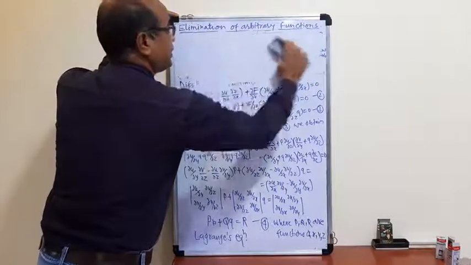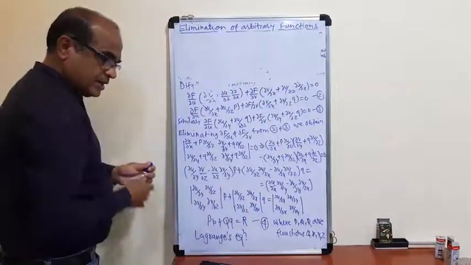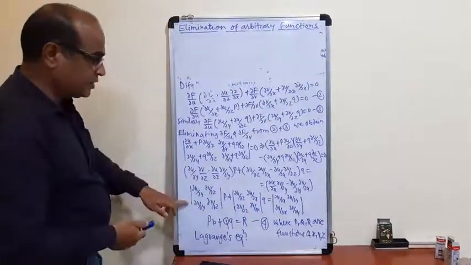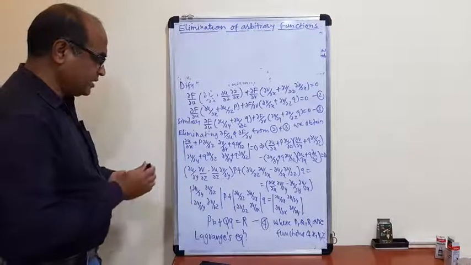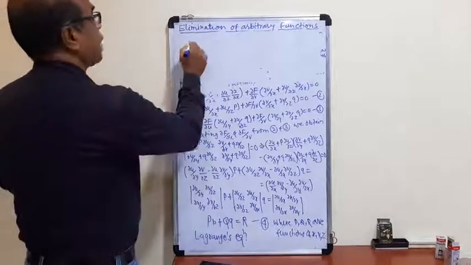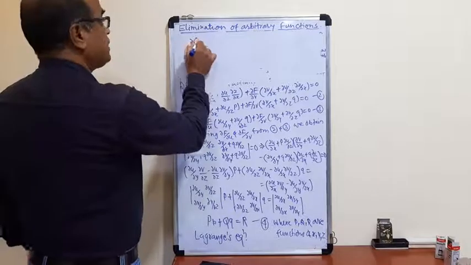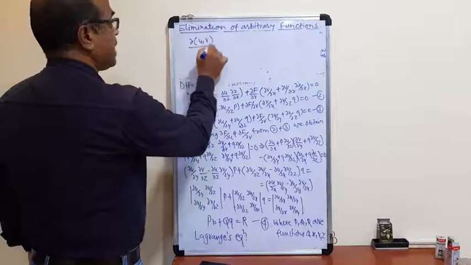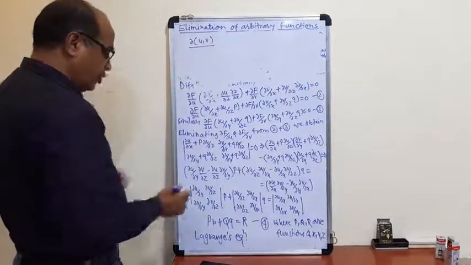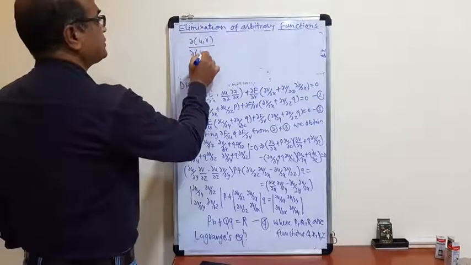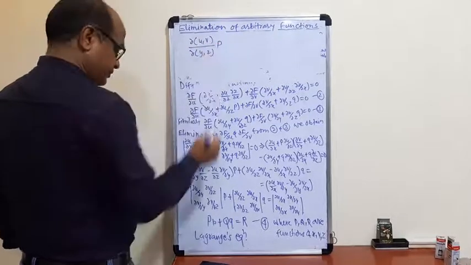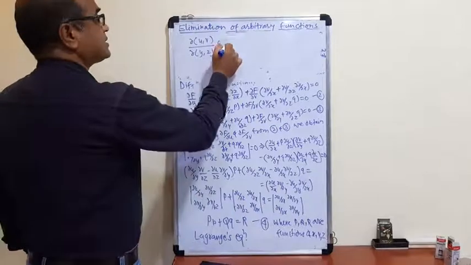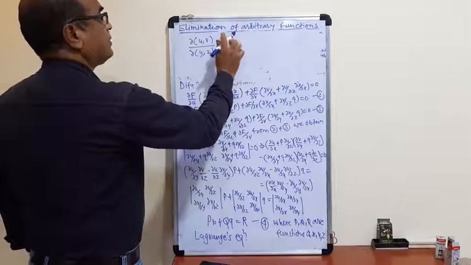So this equation can be written as dou of (u, v) by dou of (y, z) into p. Okay, plus dou of (u, v) by dou of (x, z) into q, plus dou of (u, v) by dou of (x, y) is equal to zero.